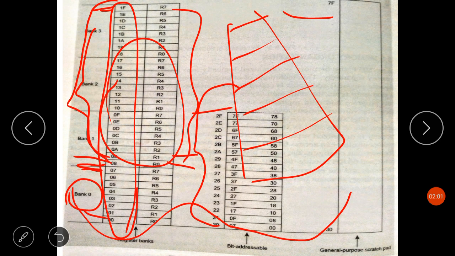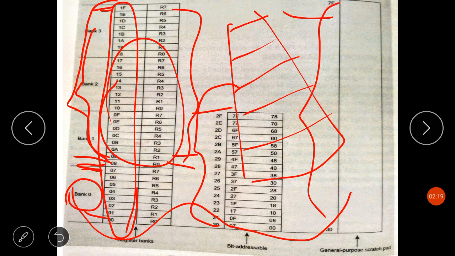If more than 24 bytes of stack memory is needed, what is the solution? We can change the stack pointer to point to RAM location 30 to 7F.